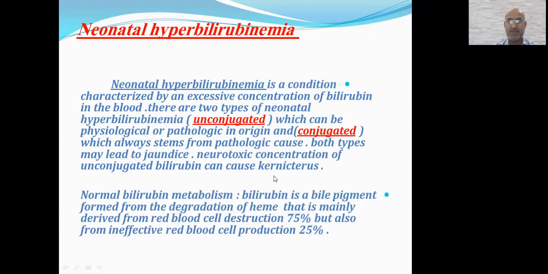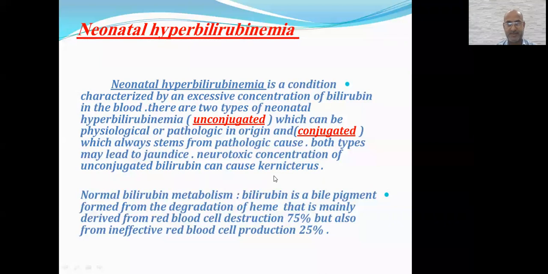We have two types of neonatal jaundice, unconjugated and conjugated. Unconjugated, or indirect as we say, results immediately from destruction of the RBC according to the enzyme that we mentioned. So unconjugated is mostly physiological at an acceptable level, or sometimes pathological in origin.